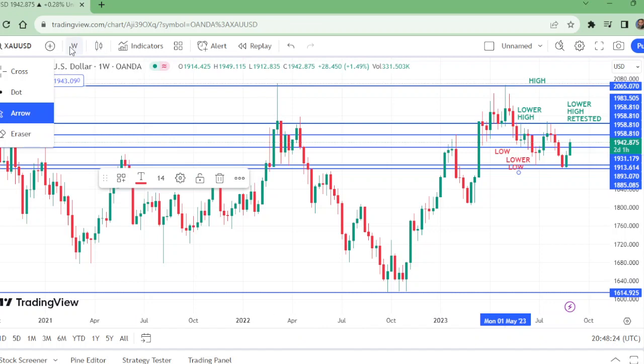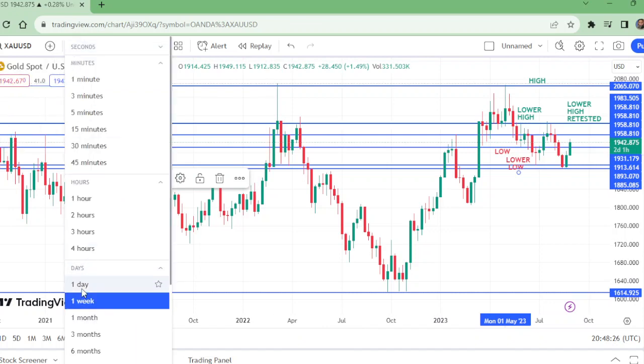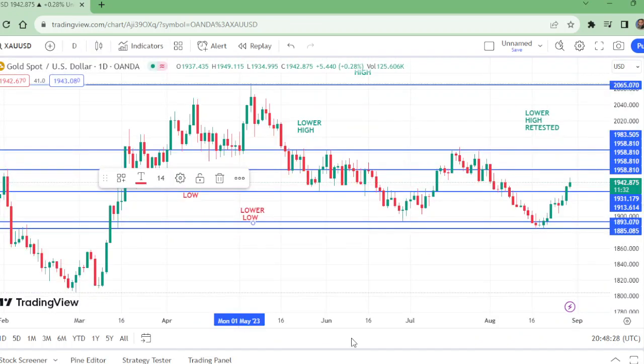Now let us move to the daily time frame. On the weekly time frame which I showed you, this is the level which was the previous lower high, retested here, and the market came down.